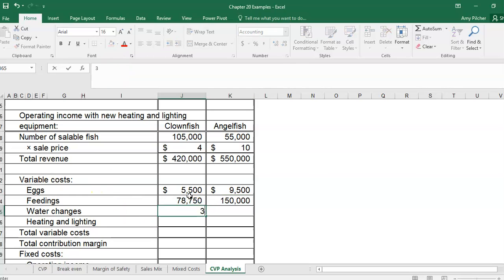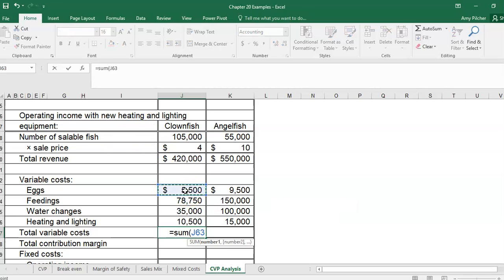Our water changes are the same as the first example. Now our heating and lighting changes. Instead of $400 a week, it's $300 a week. So 300 times 35 weeks and 300 times 50 weeks.